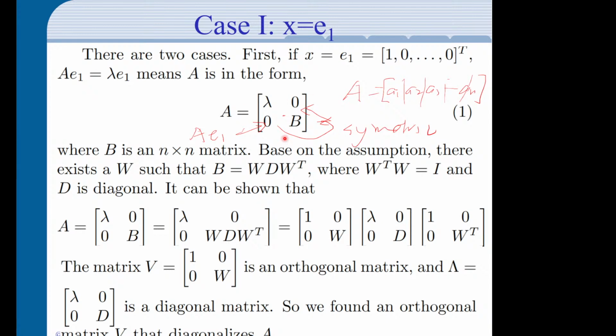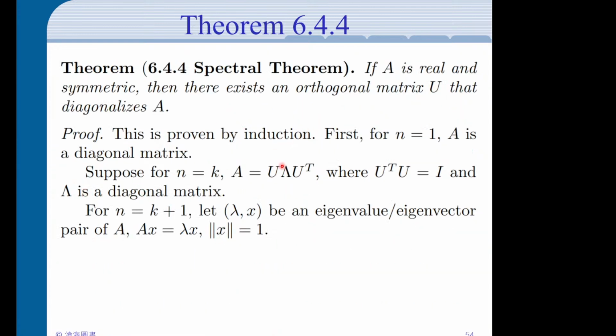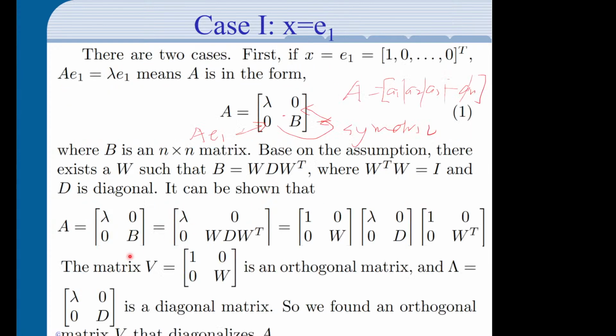So B is also real and symmetric, and now that B is a real symmetric matrix, you can apply this induction step on B. So just say B can be diagonalized by some U lambda U. Actually, we call it W. So B can be diagonalized by some W D W. And so A can just be diagonalized by this one W.